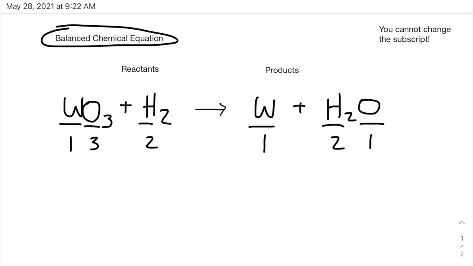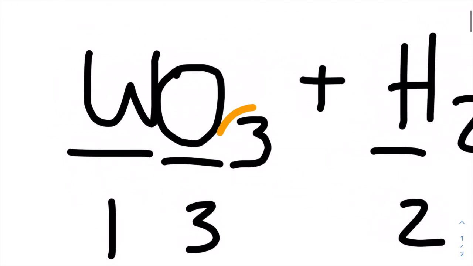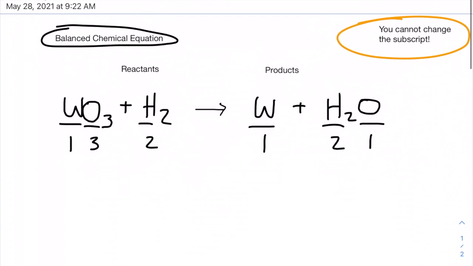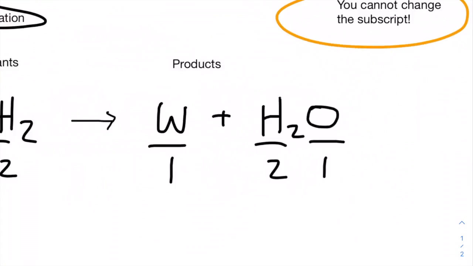Remember that in balancing, you cannot change the subscripts. Don't change the subscripts, right, from that song? And so as much as we'd like to change these 3 oxygens to 1, we cannot. Those 3 oxygens are here to stay, because there's at least 1 of that molecule. So the only thing I can do is get more oxygens to show up on the product side.